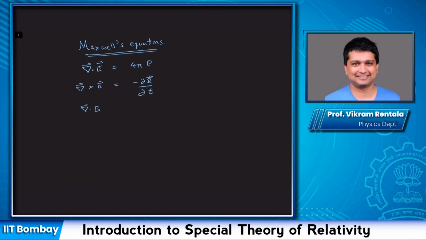Del dot B is 0, and del cross B is plus partial E partial t, and the constant c appears over here, and this is plus 4 pi by c times j bar. So rho is the charge density and j bar is the current density.